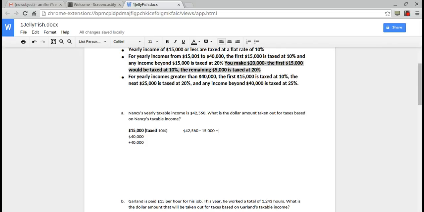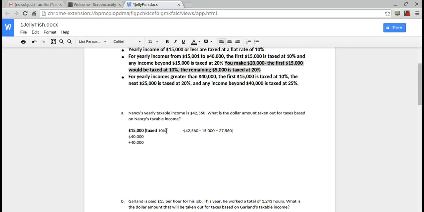Well, we can use our calculator, and if you haven't already, you can Google a calculator. We have $42,560 minus $15,000. Oops, I put it in my calculator wrong. One second. $42,560 minus $15,000. We're left with $27,560.